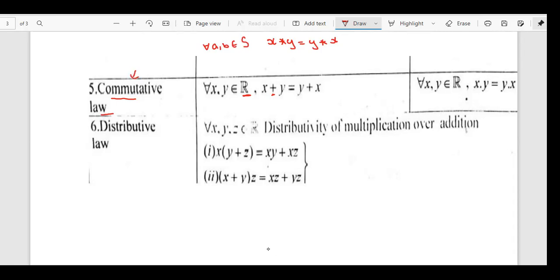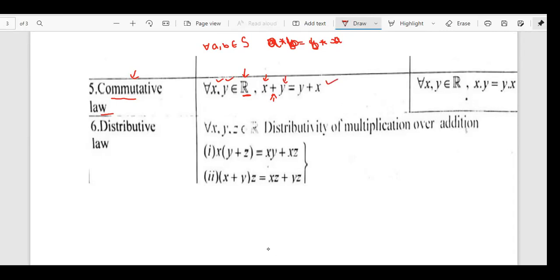So if I talk about this example particularly, here we have the set of real numbers. Since our elements are X and Y, they are saying X plus Y equals Y plus X, right? So this thing is clear.